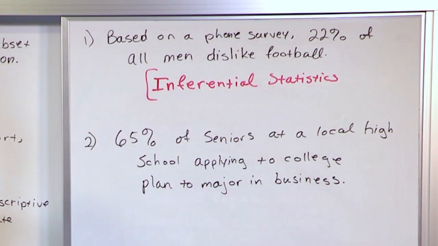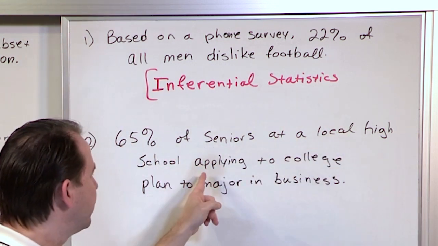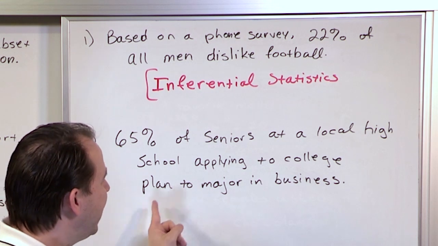All right, so my question to you is, is this descriptive or inferential statistics? So what we've said is 65% of seniors at a local high school applying to college plan to major in business.